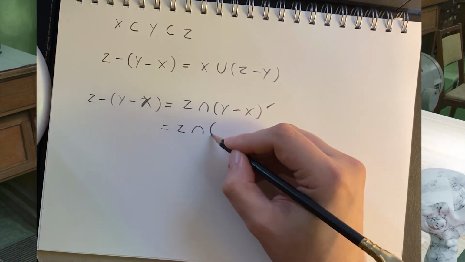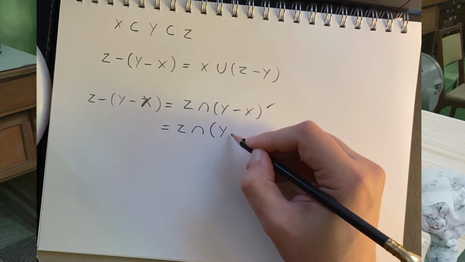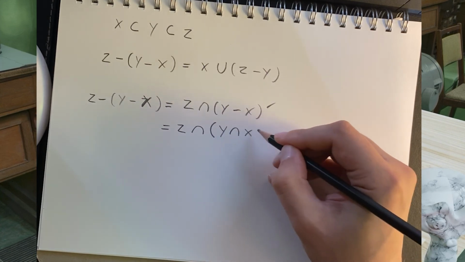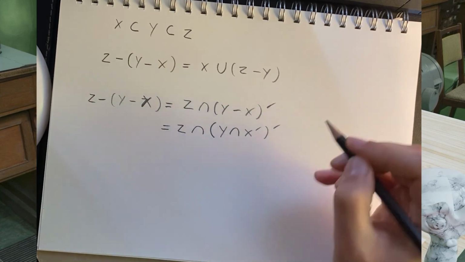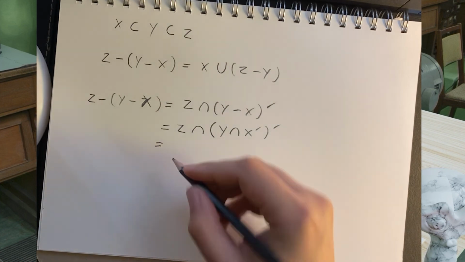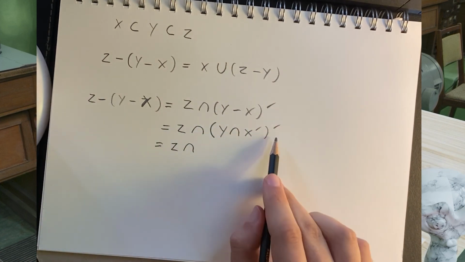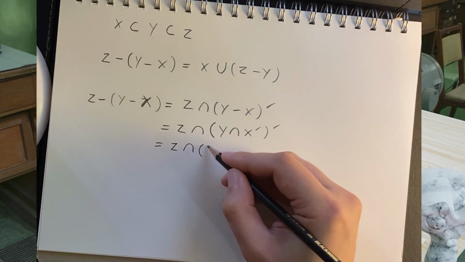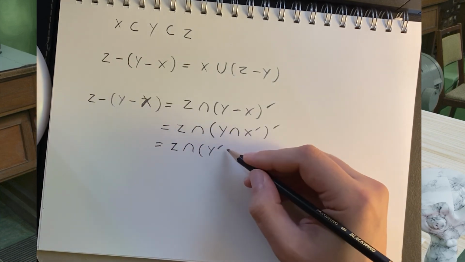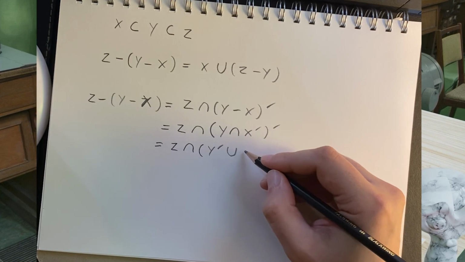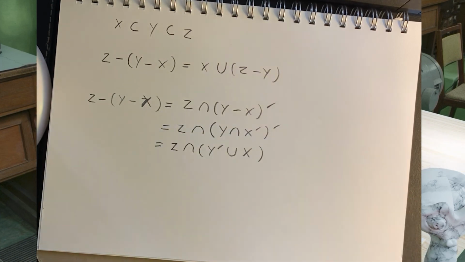And we'll apply that definition again. So we'll have Y and not X. And then we'll apply De Morgan's law on this bracket here. So we have not Y or not X, which just goes out to X. Okay.